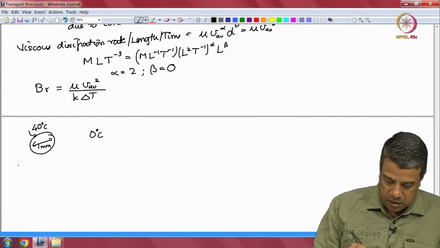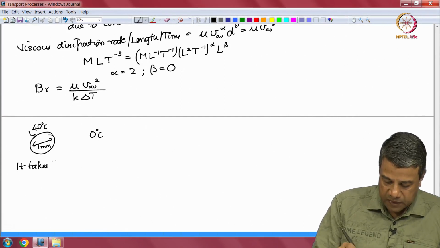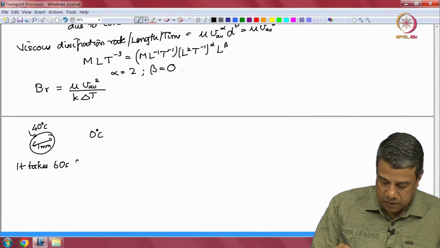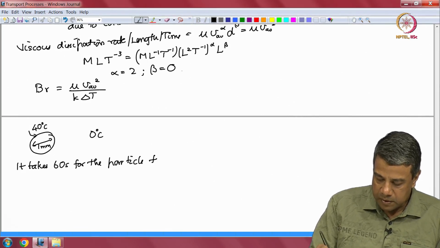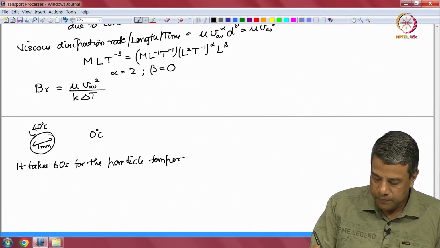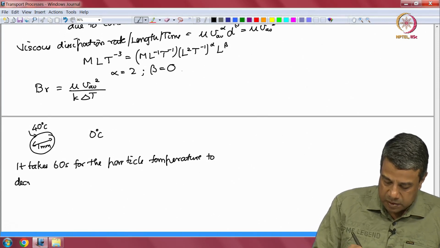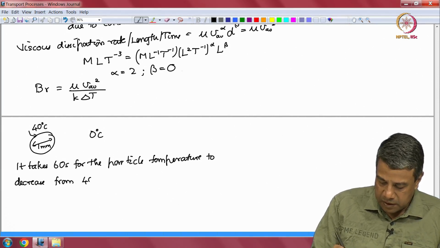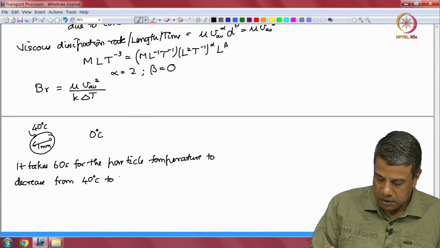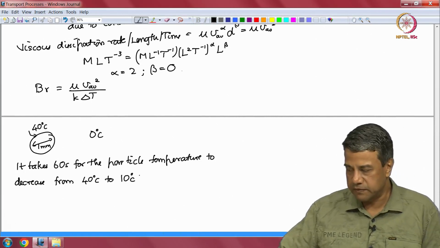And it takes 60 seconds for the particle temperature to decrease from 40 degrees centigrade to 10 degrees centigrade. Okay, that is what is given.